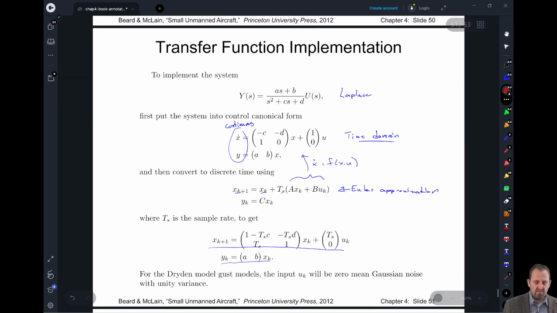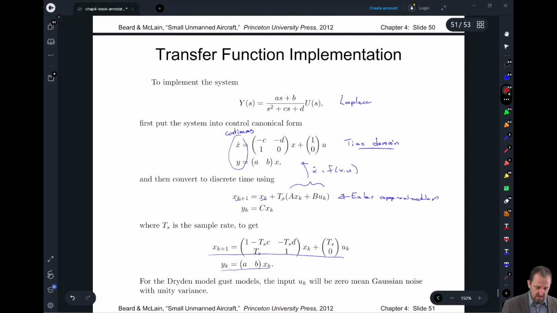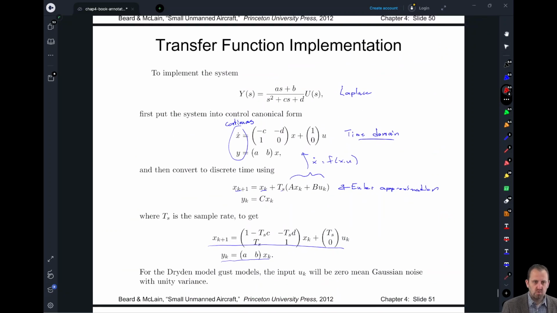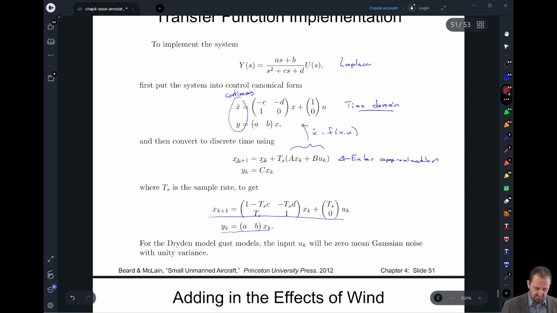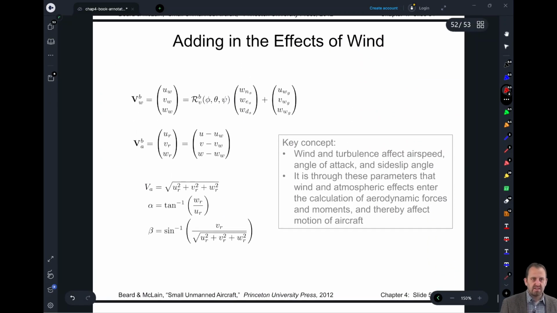Excellent. So now we have these nice transfer functions for generating our wind gust models. We have some tools to help us implement that. And then we just add in the effect of wind. So if we're going to get the wind in the body frame, this is just a summary. This was our steady state, and this guy came from the output of our Dryden models.